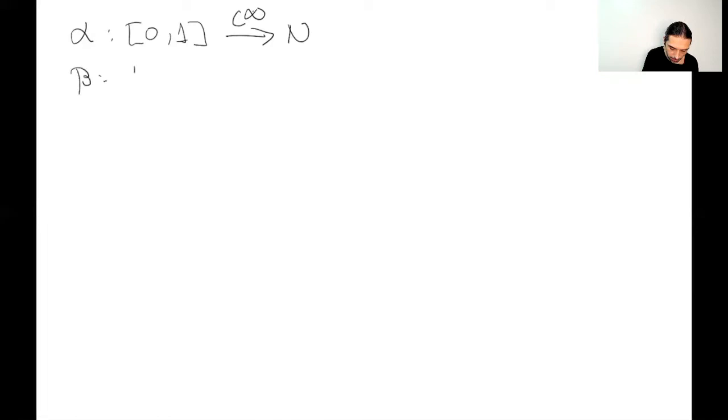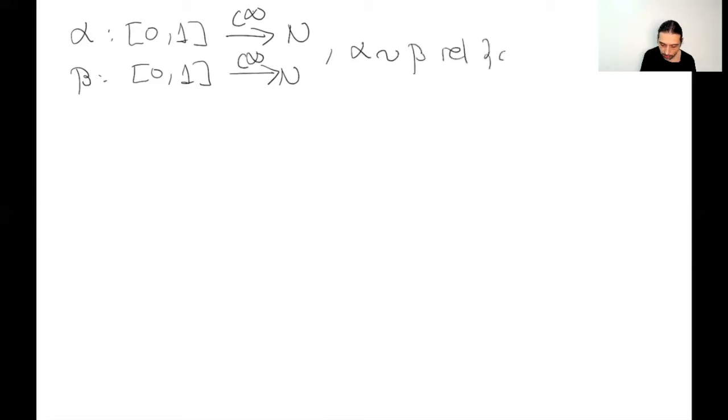What we want now is the following. If we have two paths, alpha and beta, that are C infinity and that are homotopic relative to 0, 1, okay, and the initial point for both of them is x0, and the final point for both of them is x1.